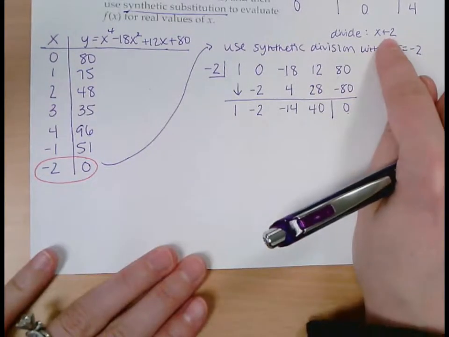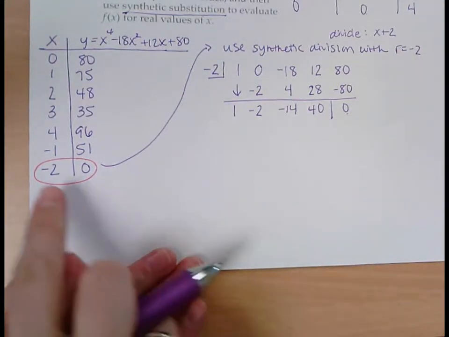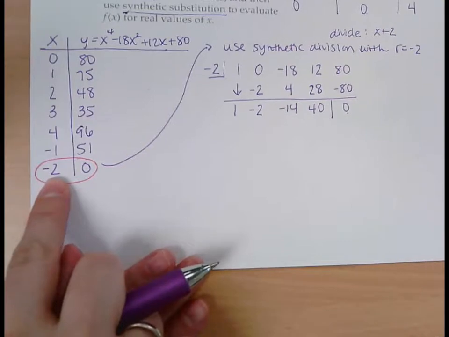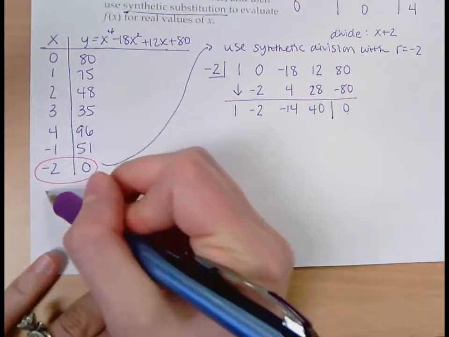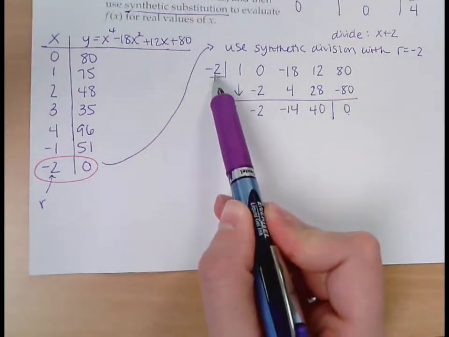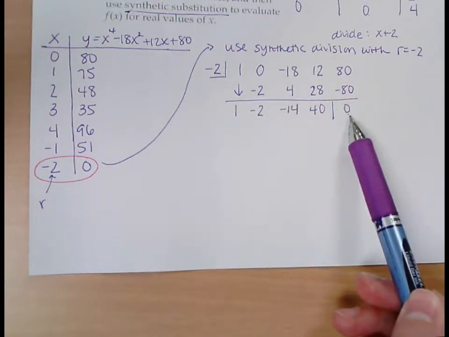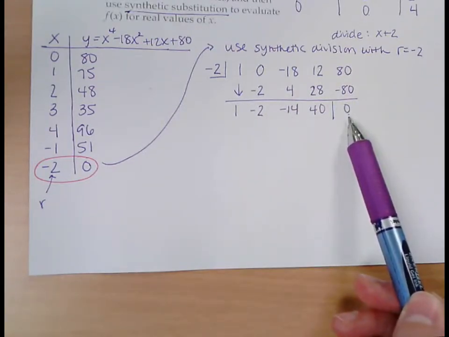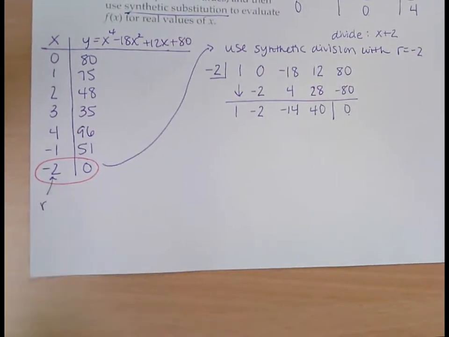You're thinking if I told you to divide by x plus 2, you would switch it for R. When you actually have the value here, you don't have to switch it. That is your R value. And if you did switch it to positive, it wouldn't work. You wouldn't get a remainder of 0. So that would be a hint something didn't go right with your division. But this number is R. That's a good question, when to switch it, when not to switch it.